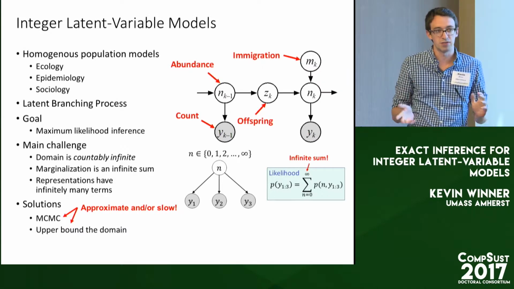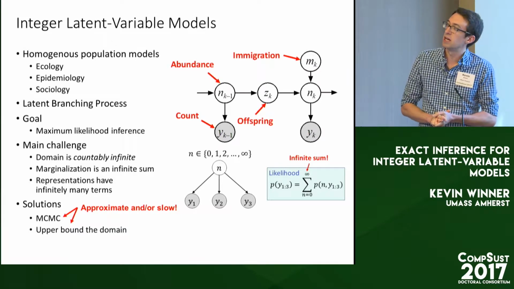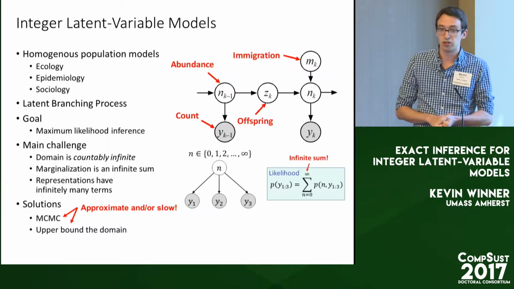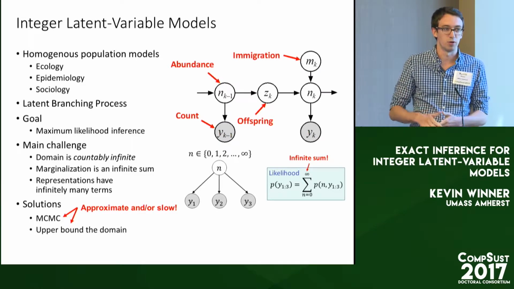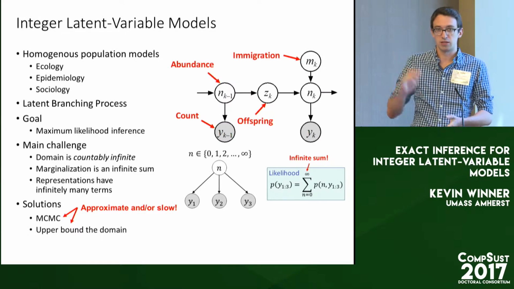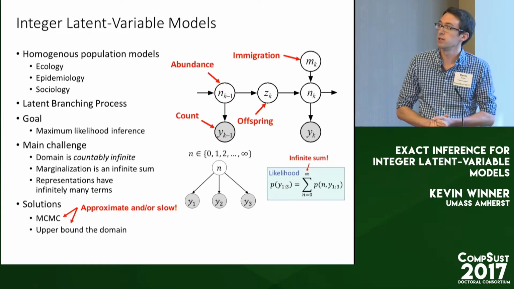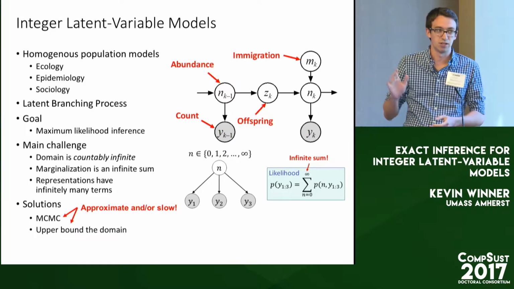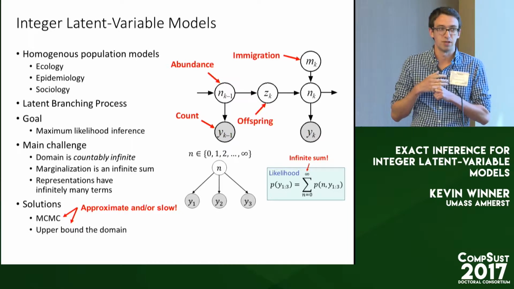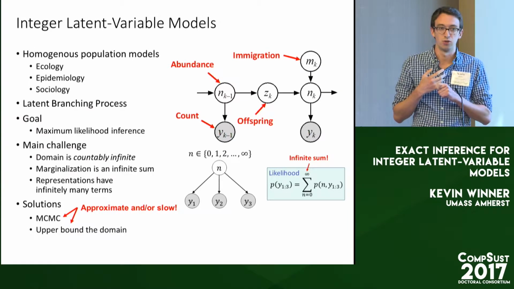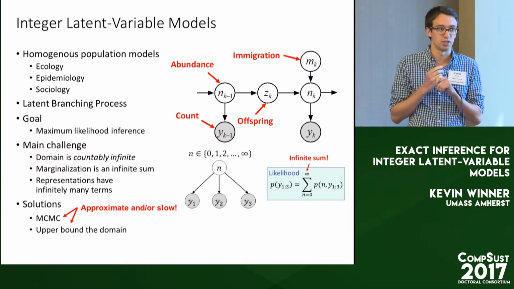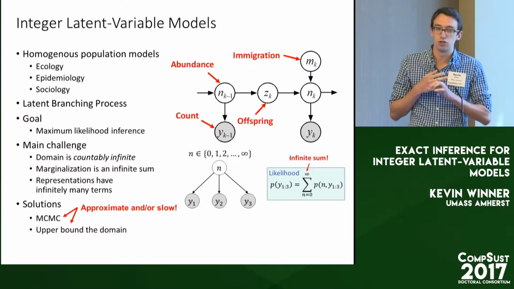I could use some kind of sampling strategy like MCMC, or I could just transform it into a finite problem by putting some bound on the domain, some conservative estimate about how many individuals could possibly be in the population. But both of these solutions are approximate. They're not giving me the true likelihood, although they can usually get pretty close, and they're usually quite slow.